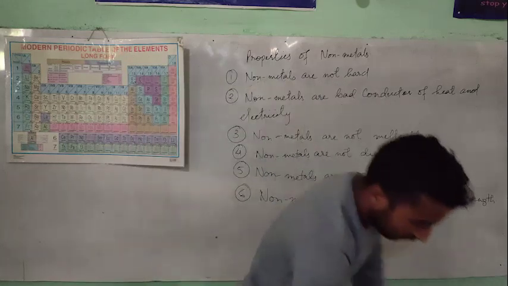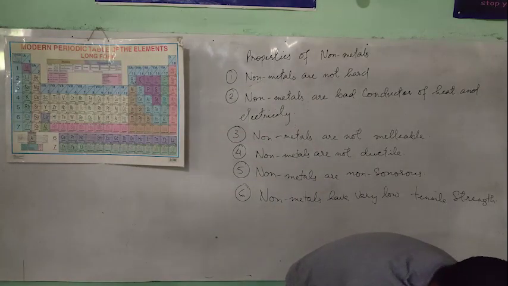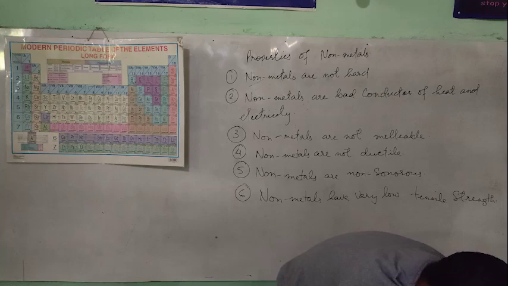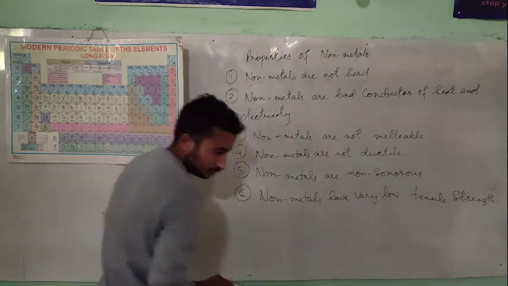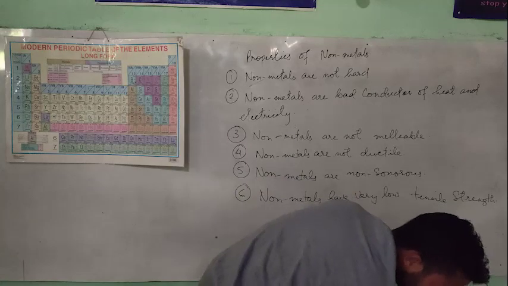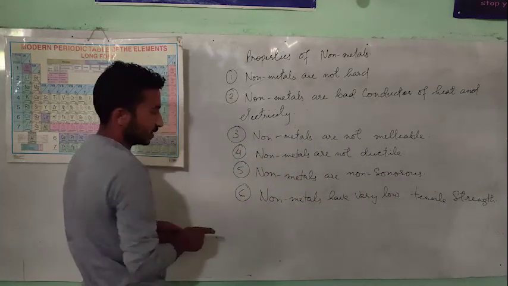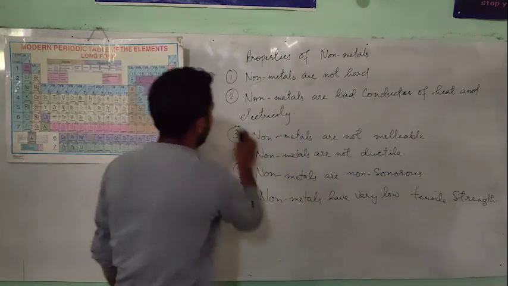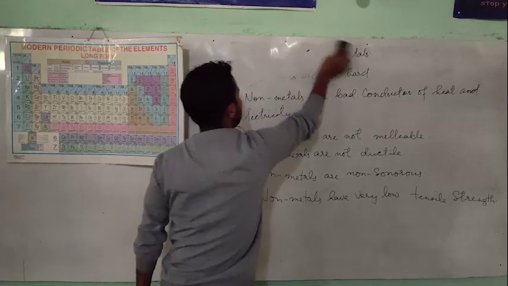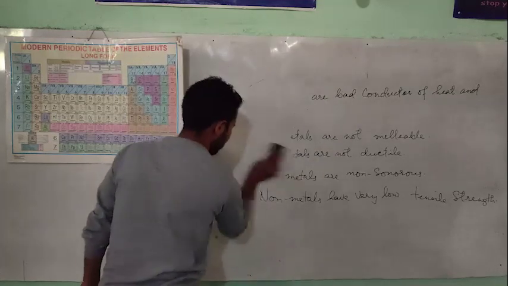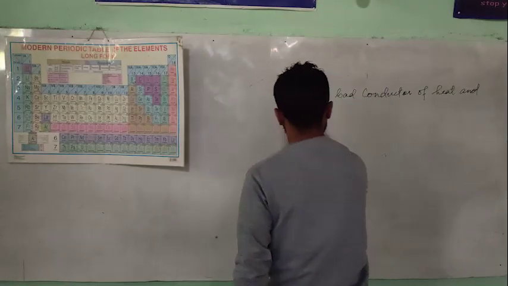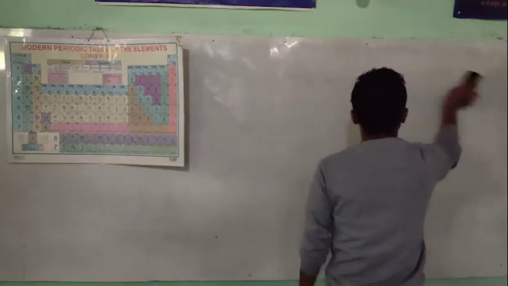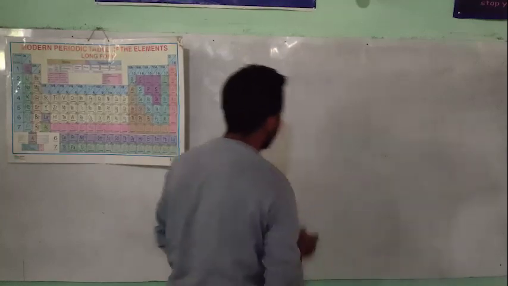Now next part we have is some exceptions on general trends. The first one, point number one, is physical state.